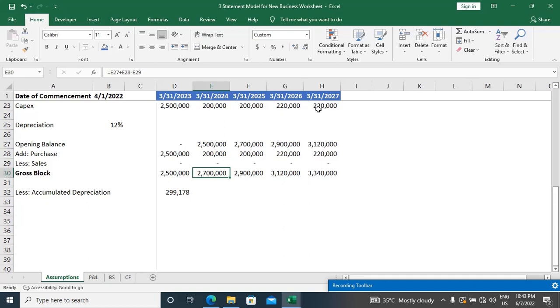Try to do it by yourself first. The gross block amount has gone up, you can see it.